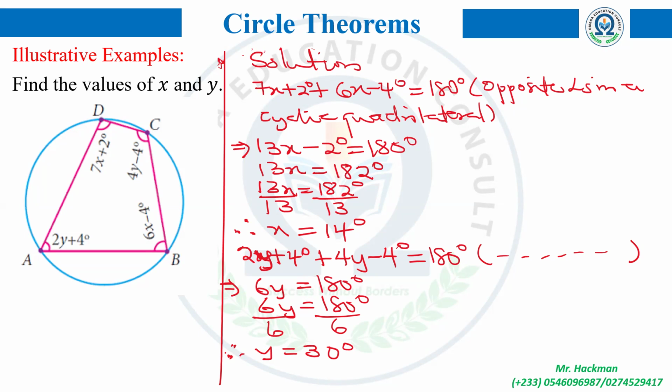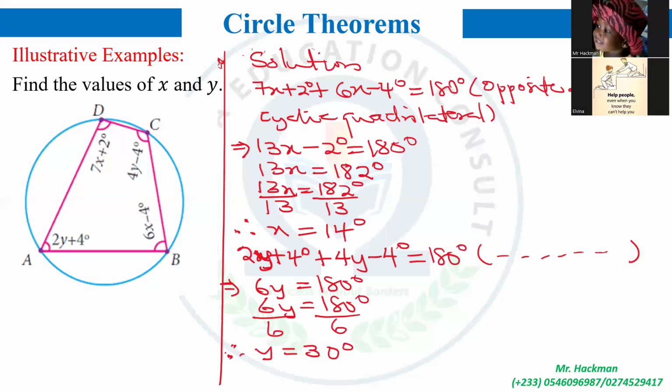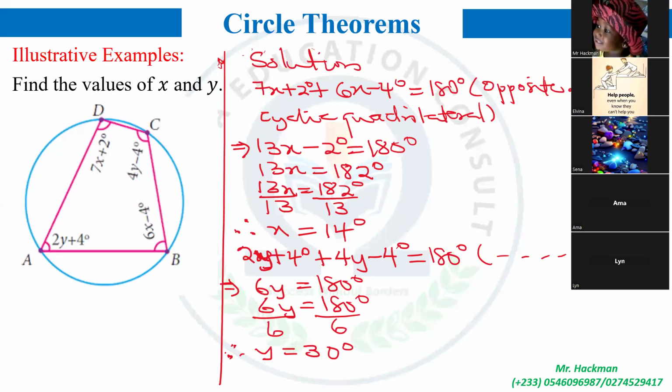Now, the figure that we are confronted with is a quadrilateral, but all the vertices are at the circumference of the circle. That makes it that special quadrilateral, which is what? The cyclic quadrilateral. Once you are able to figure out this quadrilateral, there always exists a particular theorem for it.